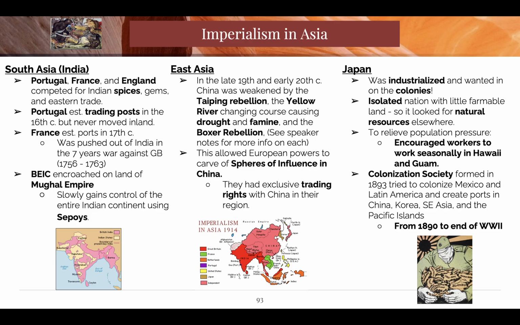And then they show up in their gunships and literally blow up all the ports of China. And they say, I think we won. And China's like, yep, you did. And they sign unequal treaties. The Chinese military cannot compete with the British industrialized army and navy. So they are forced to sign unequal treaties.